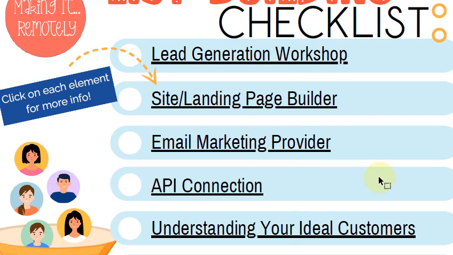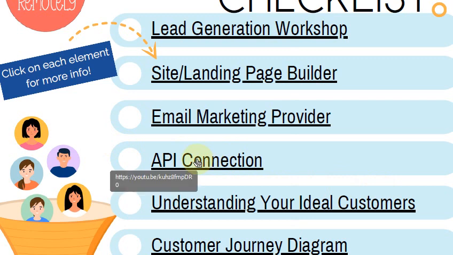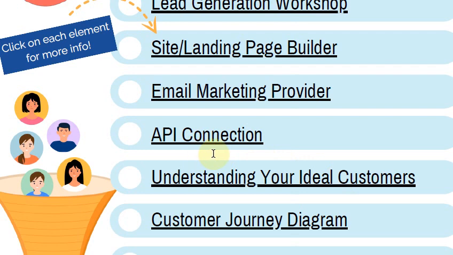And so when someone fills out your opt-in form, you want that information to be accurately transferred over from your site builder to your email marketing provider. So that's what that API connection does. And we're going to walk you through. If you click on this link, it's going to take you right over to a video that shows you how to do that.